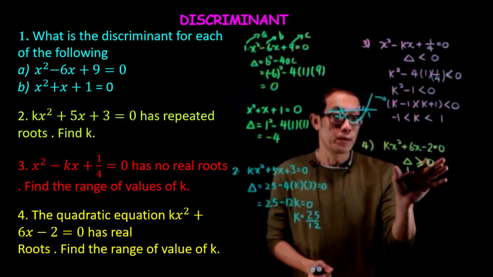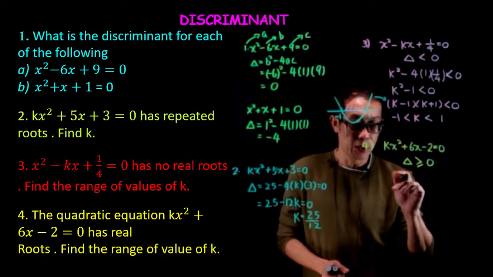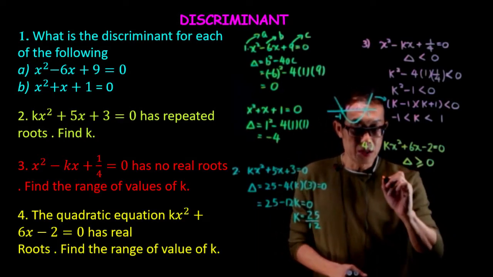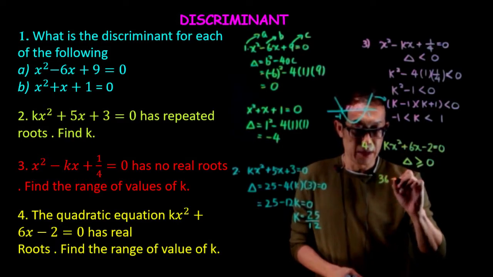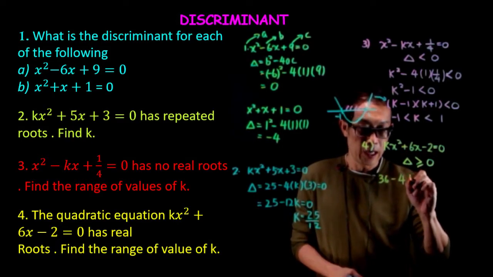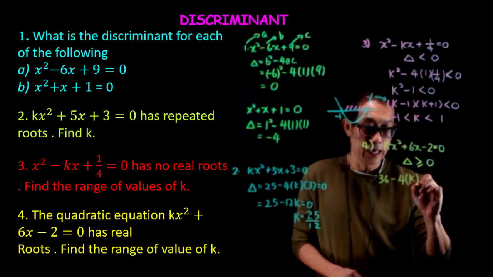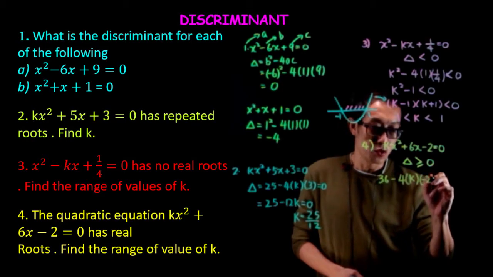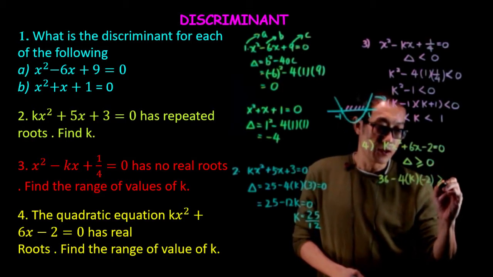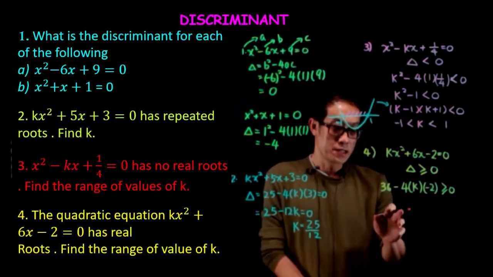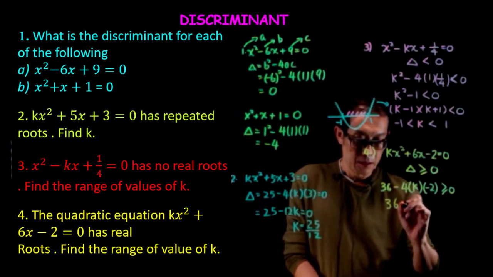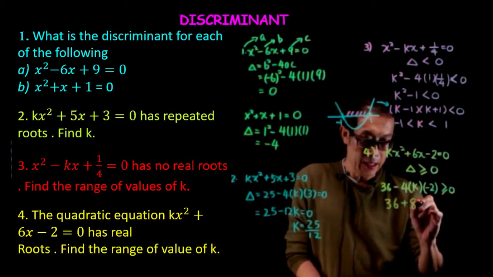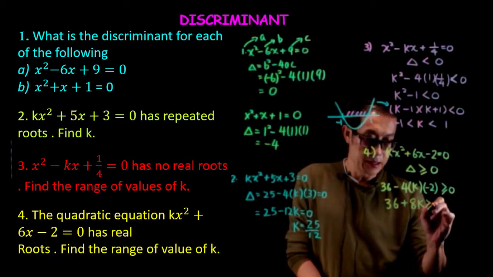So you apply the discriminant inequality. You get b squared, which is 36, 6 squared is 36, minus 4, a is k, c is minus 2, must be greater than or equal to 0. Let's multiply it out. You get 36 plus 8k is greater than or equal to 0.